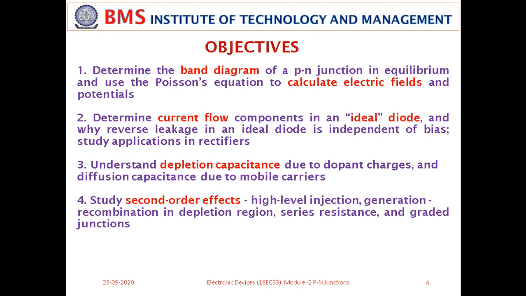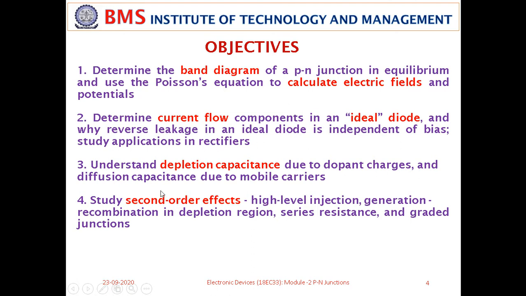Let's look at a few objectives of this module. We are going to start with the band diagrams related to the PN junction, and we will see what changes happen in the band diagram when applying an electric field. That's the first objective. We also determine current flow in a normal PN junction diode, apply reverse bias and see the consequence of that, and extend to applications like rectifiers.